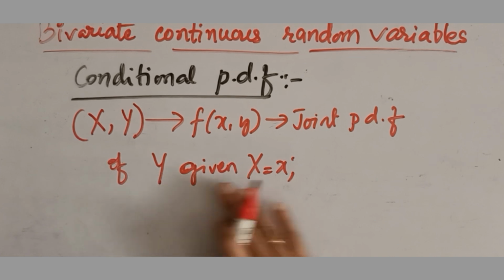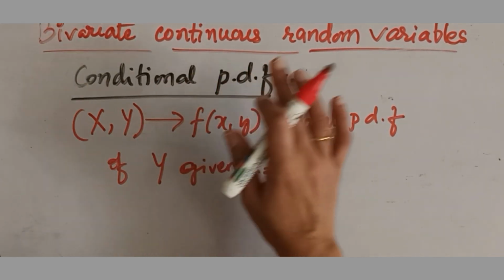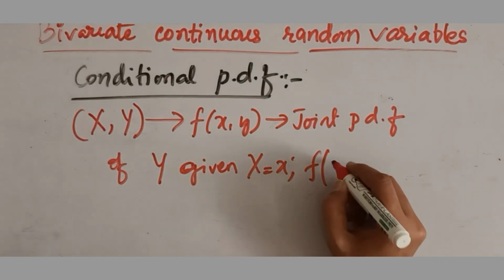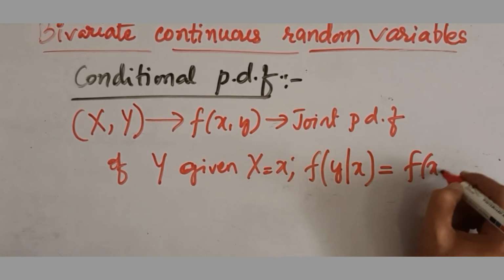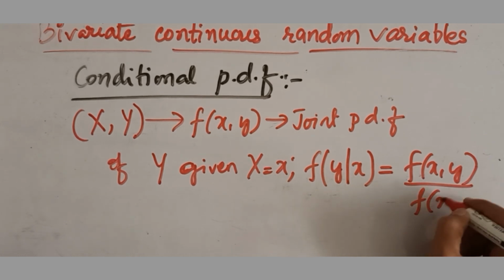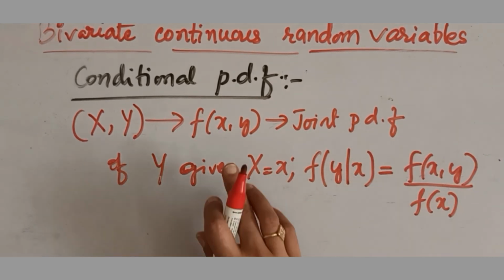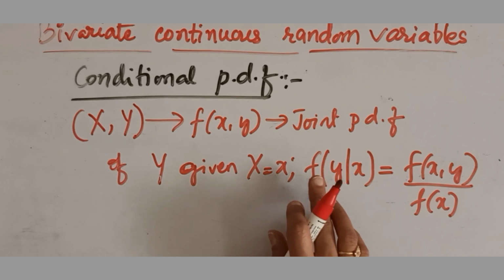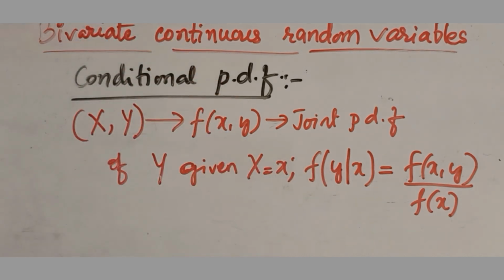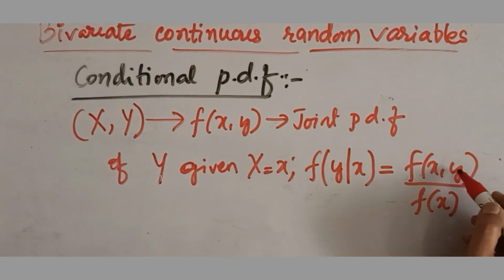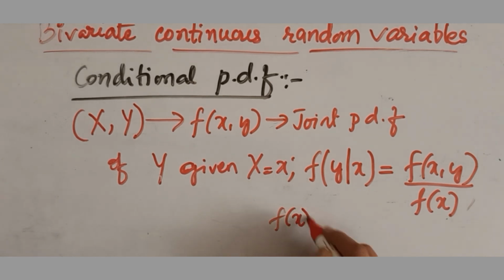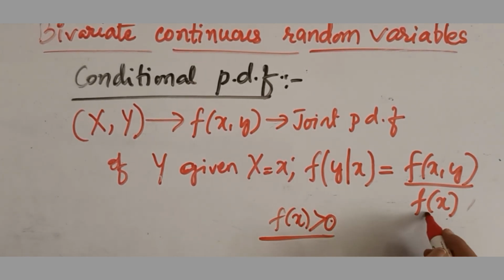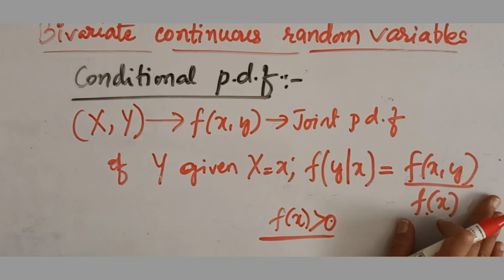For this, the conditional probability density function is denoted as f of y given that x, which is equal to f of x comma y divided by f of x. So this is the definition of the conditional probability density function for a bivariate continuous random variable. This is the joint probability density function. F of x is the marginal probability density function of x. Condition is f of x should be greater than 0. This should be positive and it should not be equal to 0.